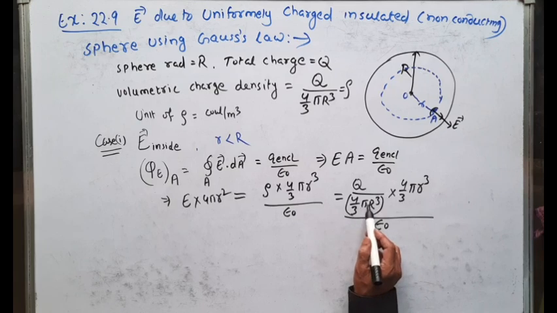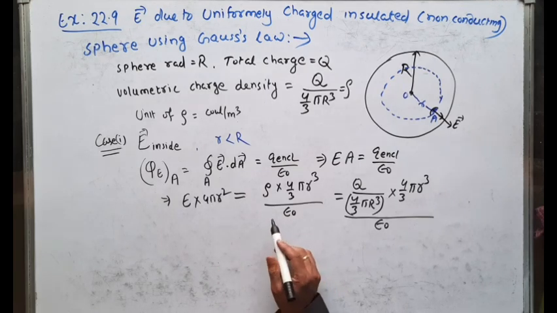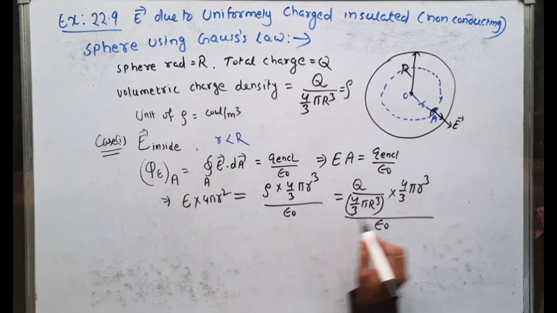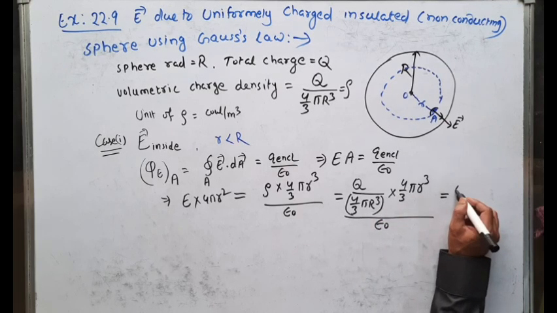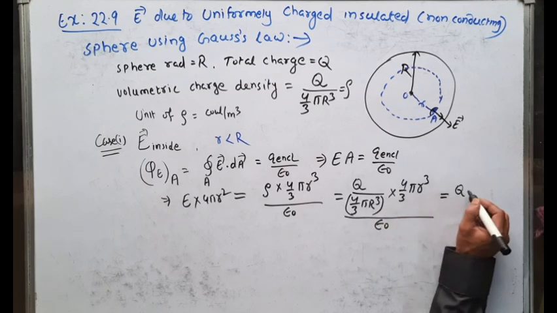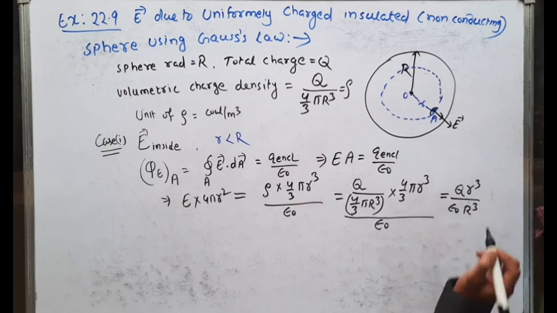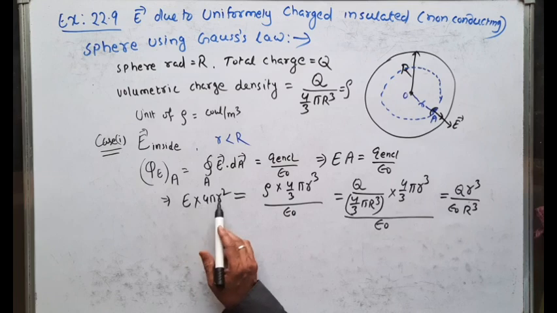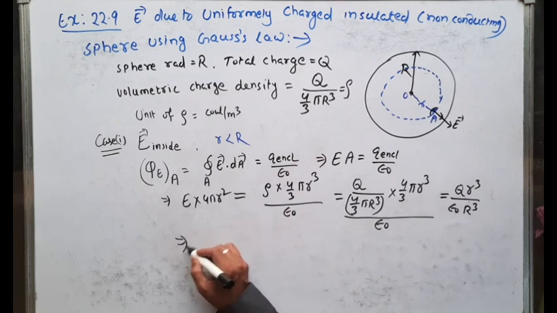So 4 by 3 pi cancel. So we will get, okay, so that is equal to what? 4 by 3 pi cancel. You will get Q small r cube by epsilon naught capital R cube is equal to this. So E into 4 pi r square is equal to this, but we have to find electric field intensity.